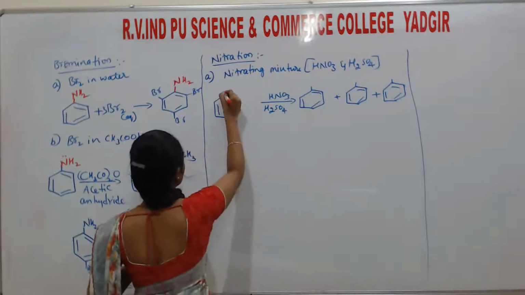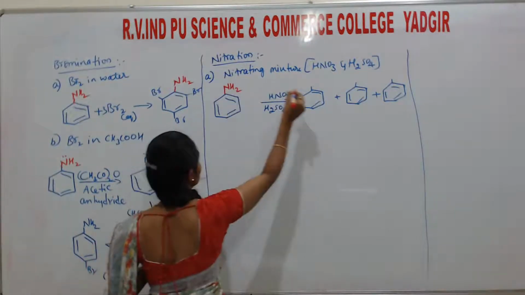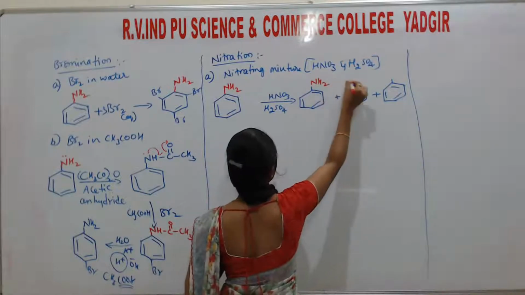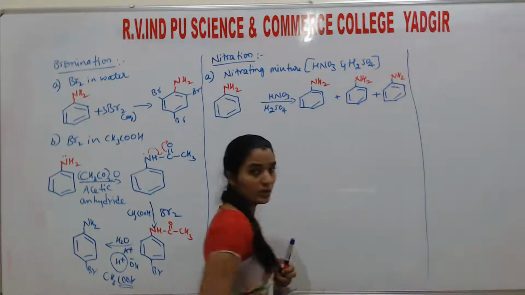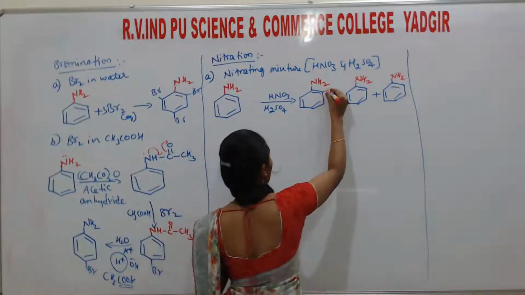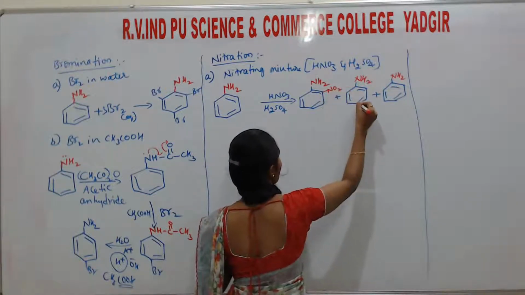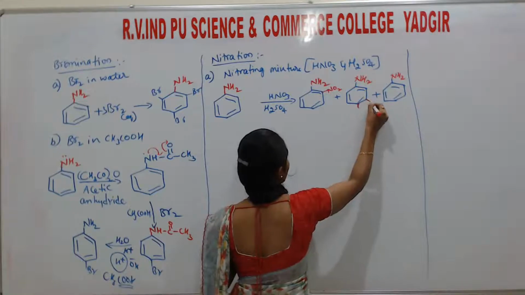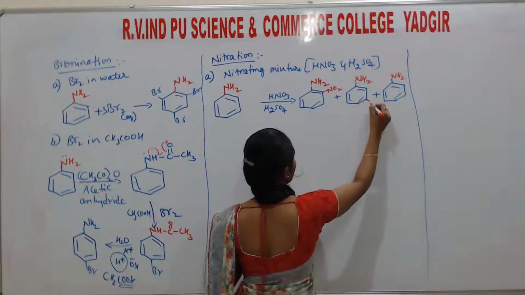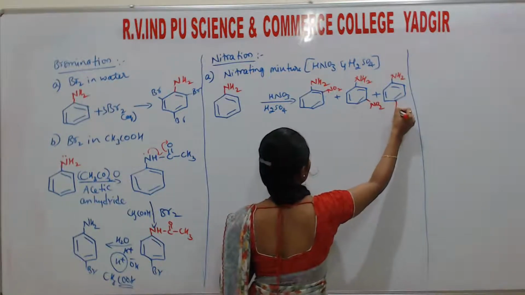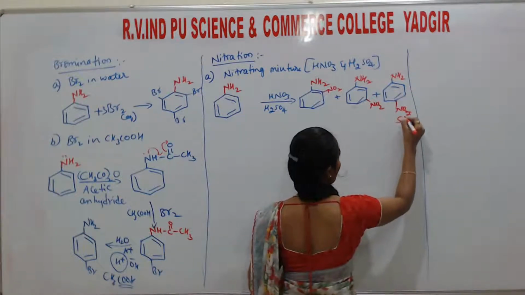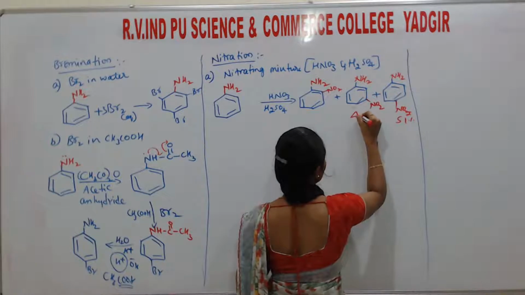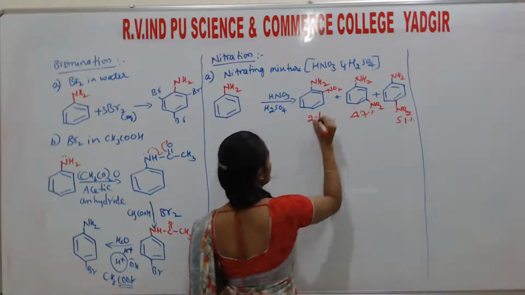So listen, this is NH2, you assume. Students, one will form an ortho substituted, meta substituted and para substituted. So this para substituted compound is 51%, this is 47%, this is 2%.